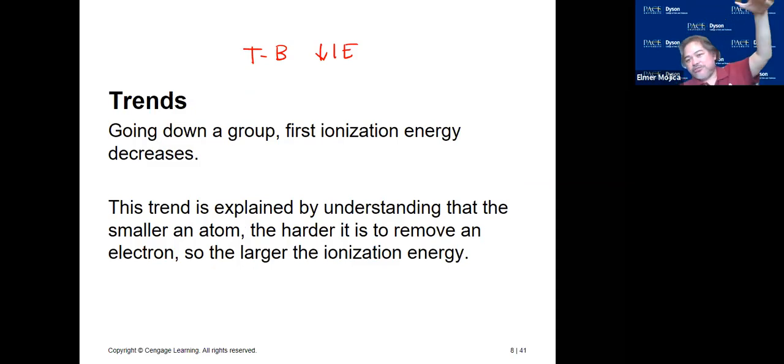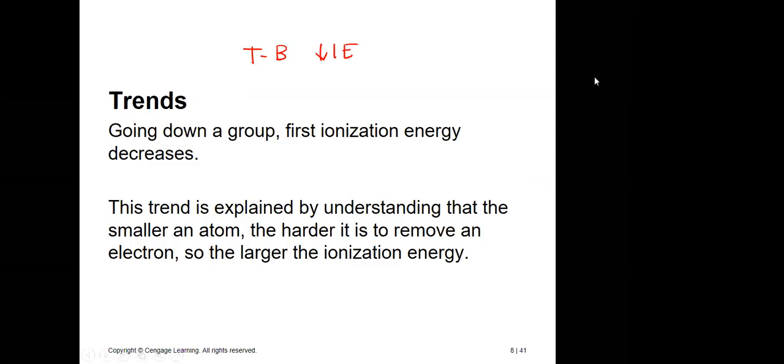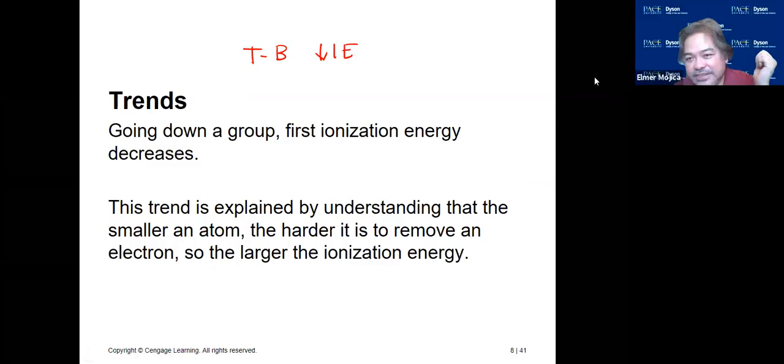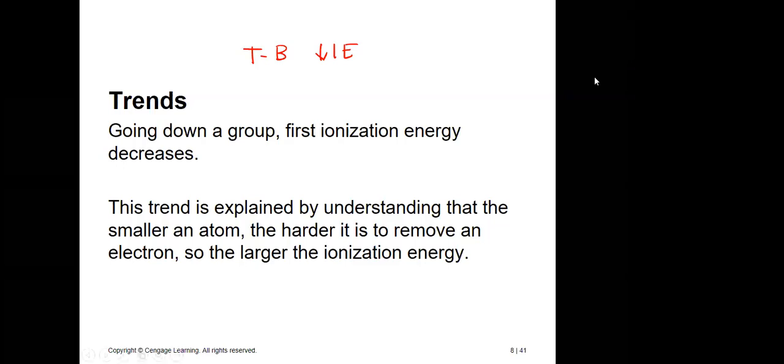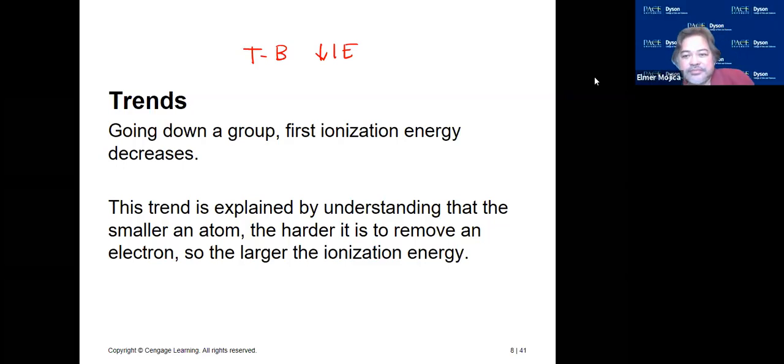So top to bottom, what's the atomic radius trend? Top to bottom, the atomic radius increases. So if it's bigger, it's easier to remove an electron. That's why ionization energy decreases from top to bottom.